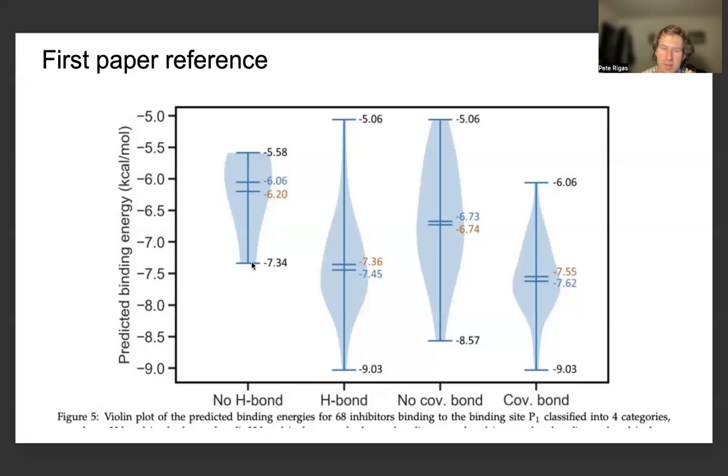So we can see that, typically speaking, the largest variation in the predicted binding affinities produced by the MathDL model occurs when an H bond is present, because in the lower tail of the violin plot we have a minus 9.03 kilocalories per mole.